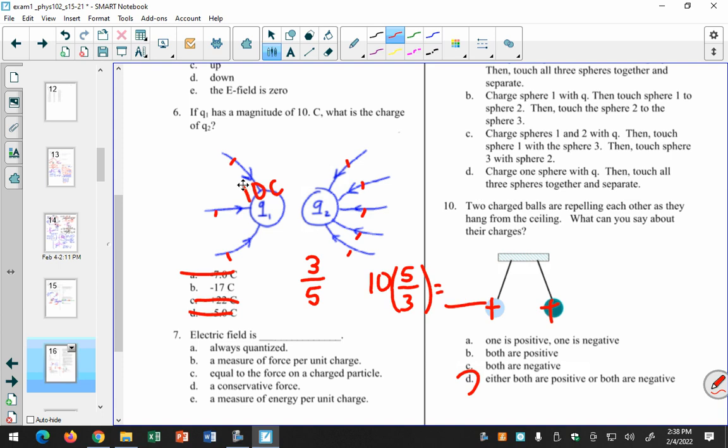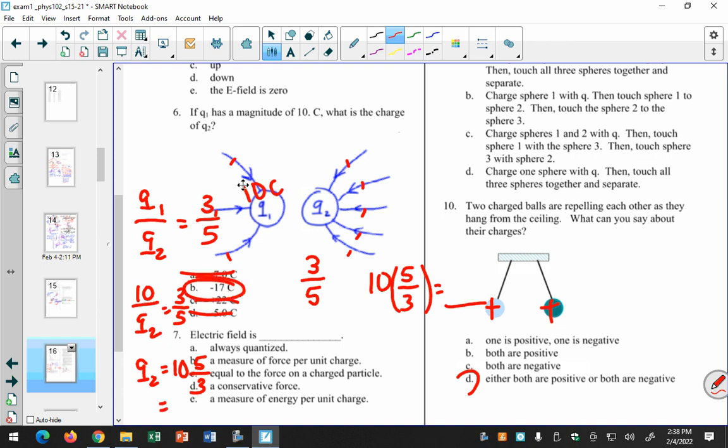Hold on, a better way, maybe we'll say it this way. Q1 over Q2 has to equal a ratio of 3 over 5. So I know Q1, that's 10 over Q2 is equal to 3 over 5. So Q2 is equal to 10 times 5/3. That's 50 over 3, or minus 17.